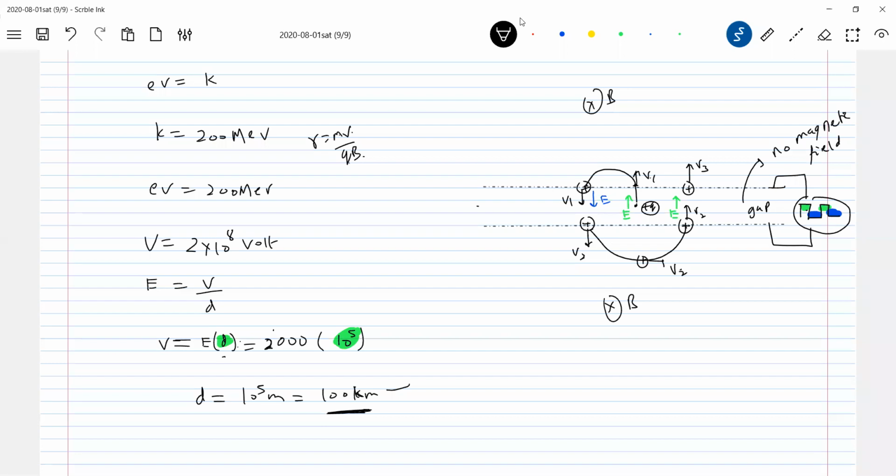Again, v3 greater than v2. So here and everywhere, the speed in this magnetic field will be v3. So when it arrives here, this is v3, it will get accelerated, will become v4.